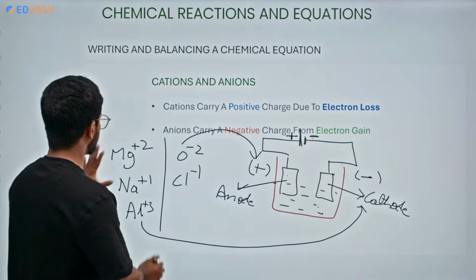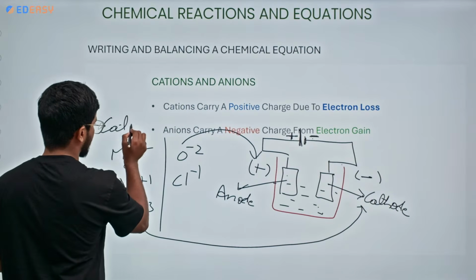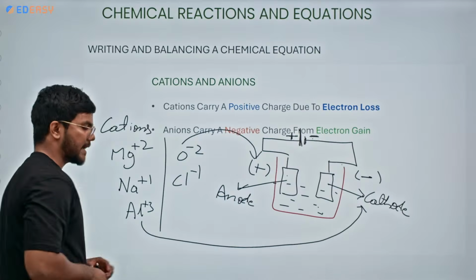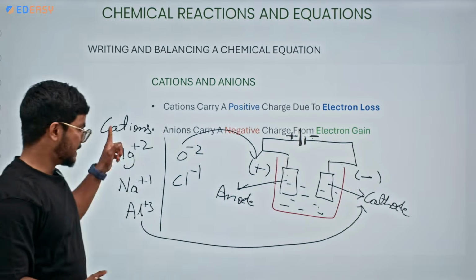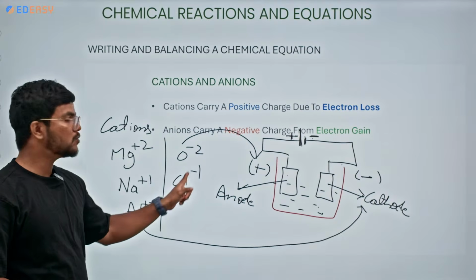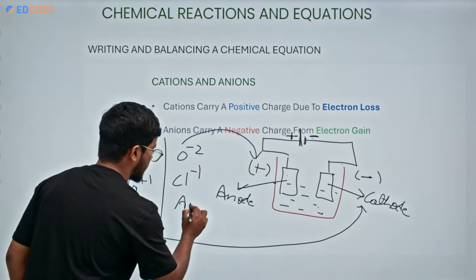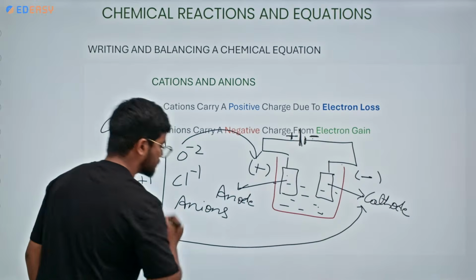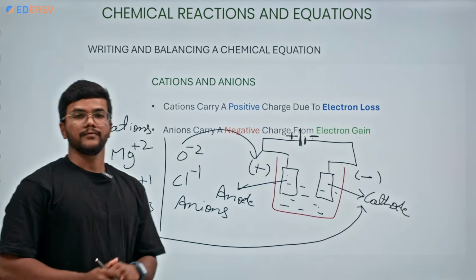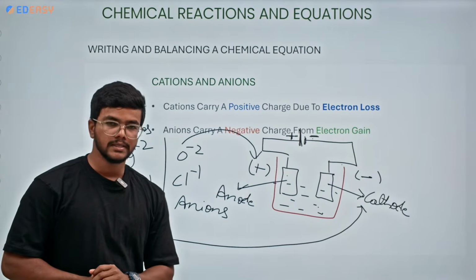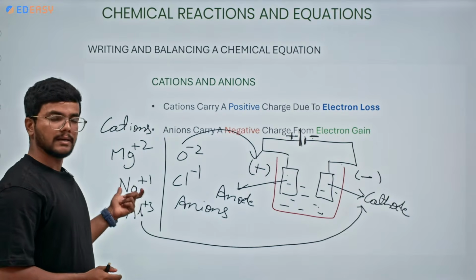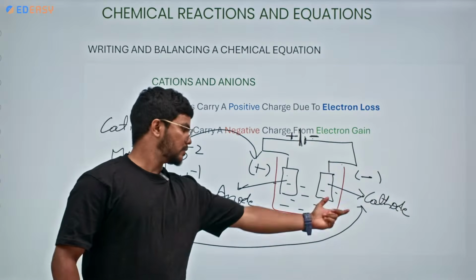That's why these positive charges are called cations. The ionic species which move towards the cathode are called cations. The ionic species which move towards the anode are called anions. This is how we named the cations and anions. So cations are the ions which move towards the cathode.